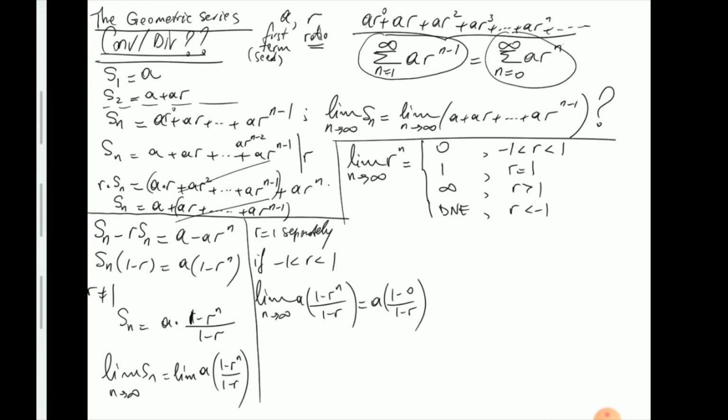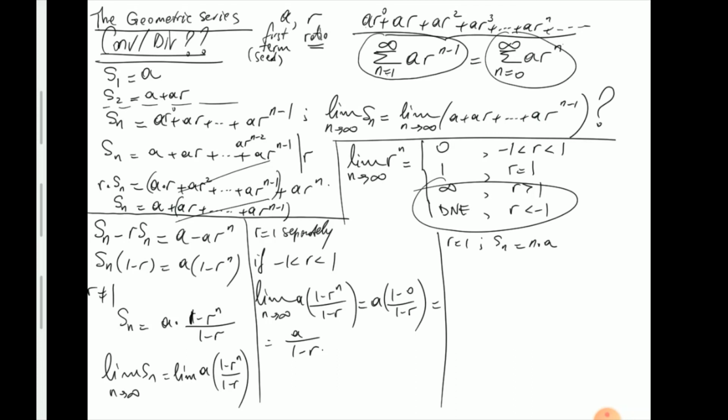We just passed the limit over that expression. So that's going to be a over 1 minus r. In all other cases, if r is greater than 1 or less than minus 1, it is going to be divergent. If r is equal to 1, the sequence of partial sums Sn would have been n times a.